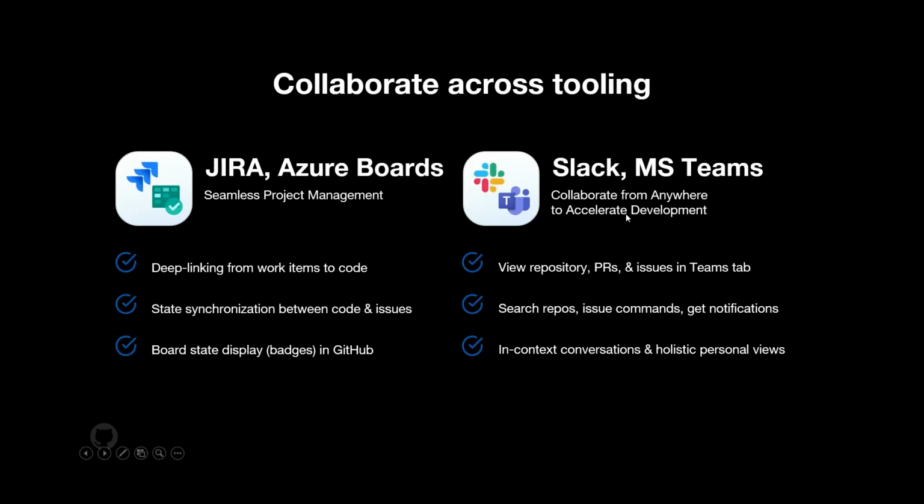We talked about this: if you don't like that feature, by the way, you can also integrate it with Azure Boards, Jira, or anything else, Microsoft Teams, Slack. One of the beauties of GitHub is that it has all the pieces that you need.